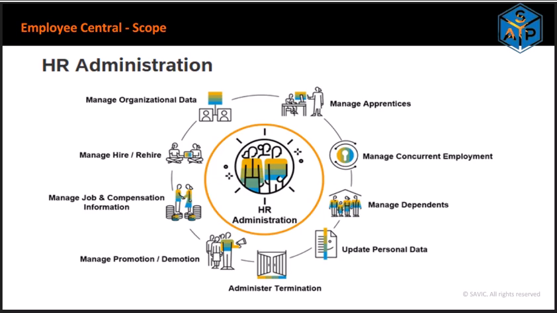In managed dependent, till now we have seen information related to the employee or resource, the organization, the process, or his job, or corporate and compensation information. But what about his personal data, where dependent information is included?